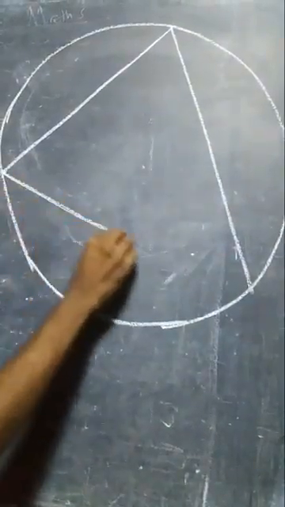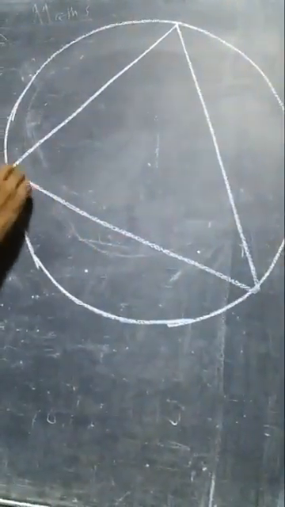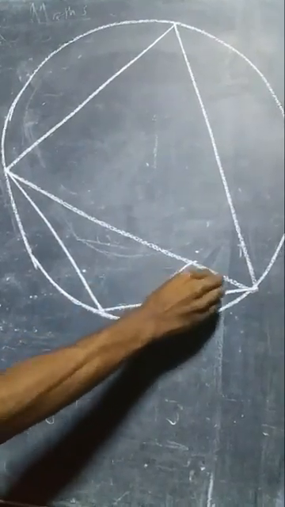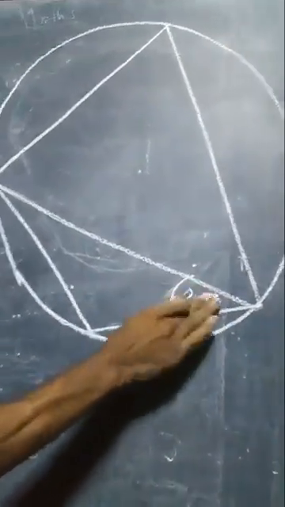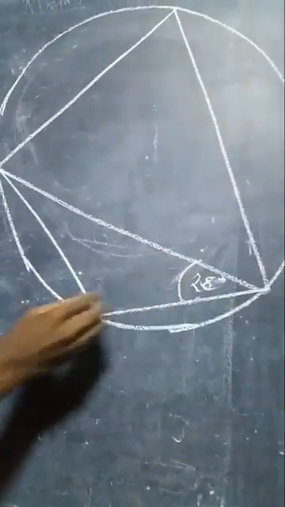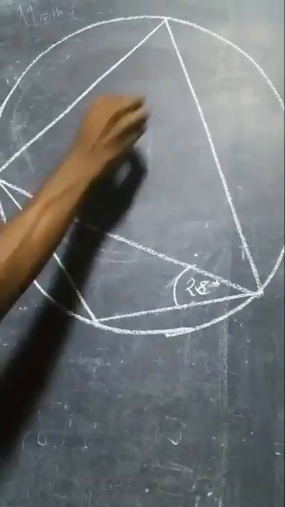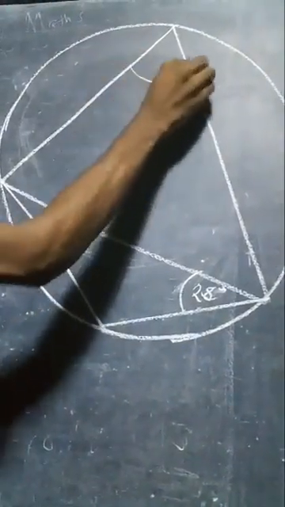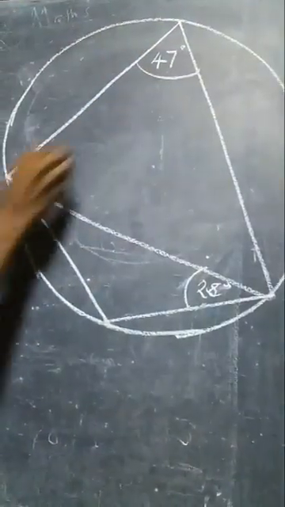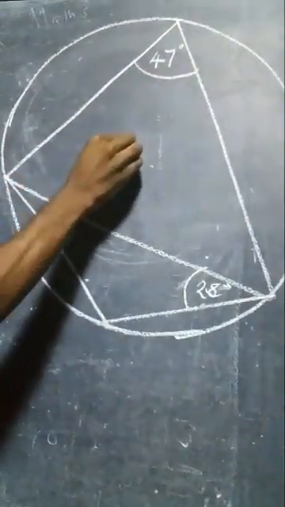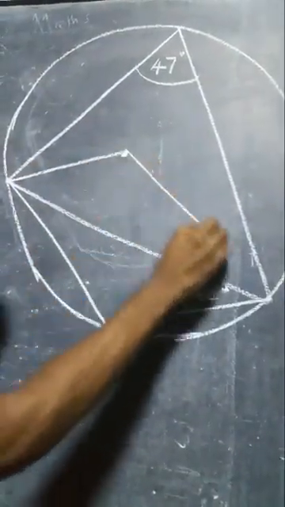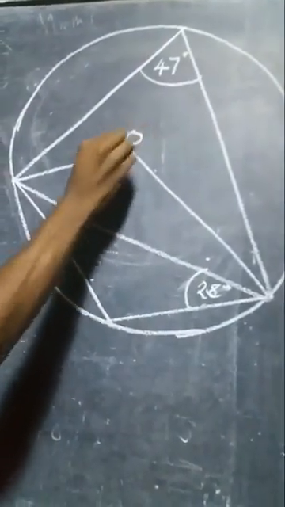Let's join them so that we can easily see what we have here. Then there's something here, then there's something there. We have a 28 here, then we have a 47 there. Then of course our center is there. That's an O, of course.